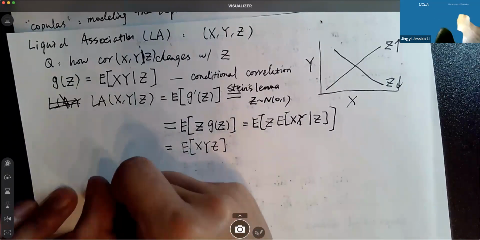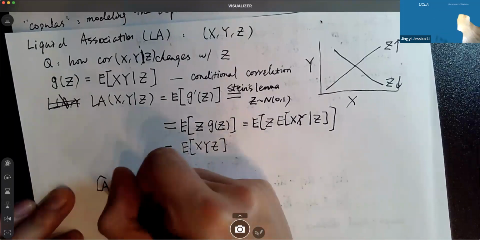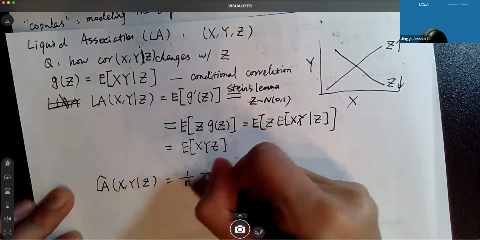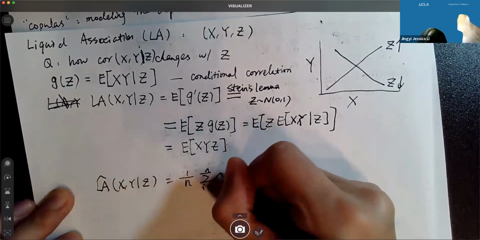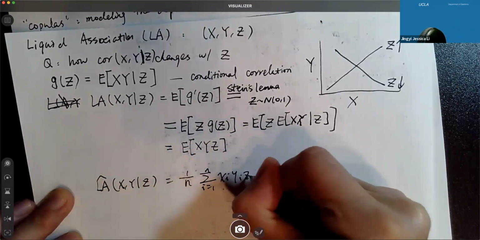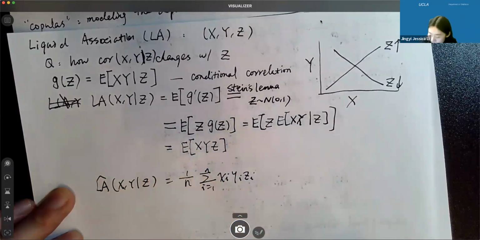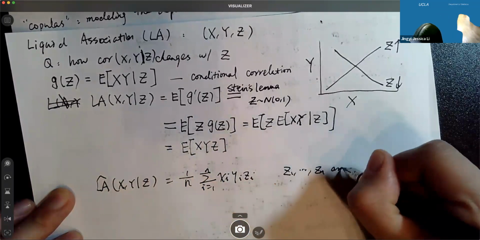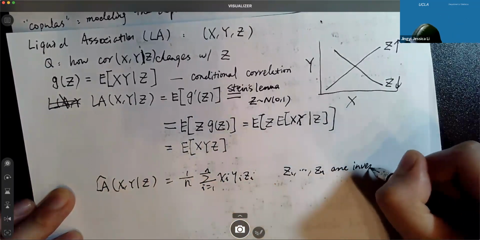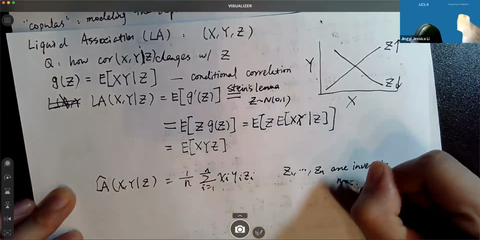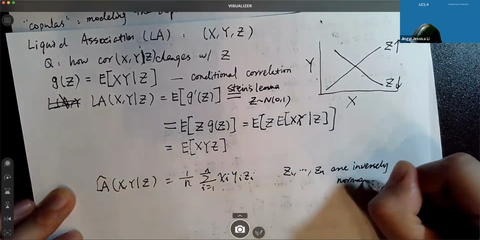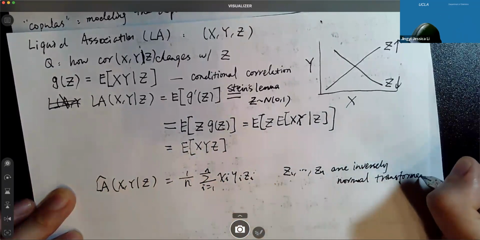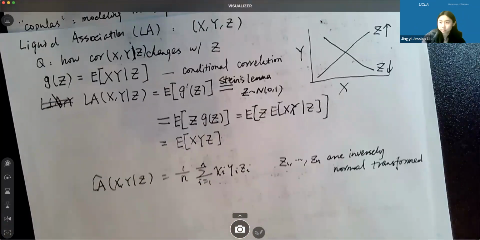So this can be estimated by simply doing this averaging, but we must have Z1 to Zm inversely normal transformed. That's the key. Otherwise, Stein's lemma would not apply.